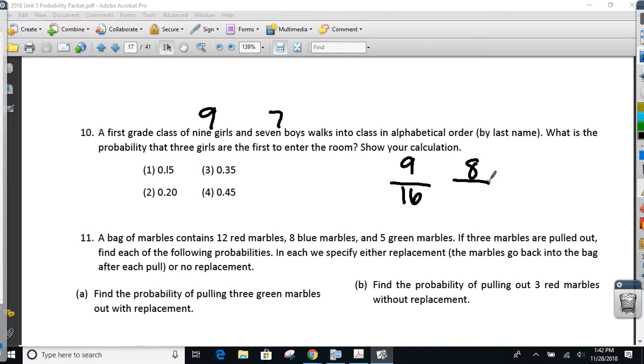And how many kids? Still 15, right? And now I got to go to the third spot. These 2 girls, whoever you pick, can't be in the third spot either. So how many girls do I have? 7. And how many kids? 14. And there's 3 kids, which are more than 2. So I got to multiply those probabilities. So this is the first girl, second girl, third girl.